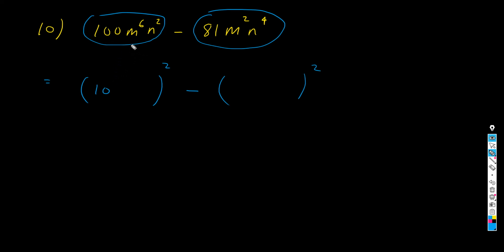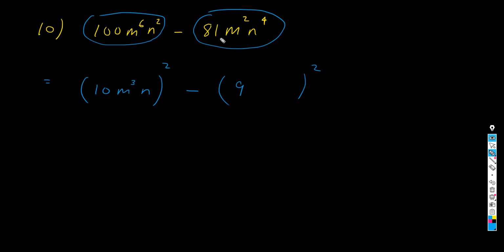And now, what about m? To what exponent should m be raised such that when I raise it to the square, I get m to the 6? That's going to be m to the 3, right? And to what exponent should I place n here such that when I raise it to the square, I get n squared? n to the 1, so I'm not going to write anything. And what about here?